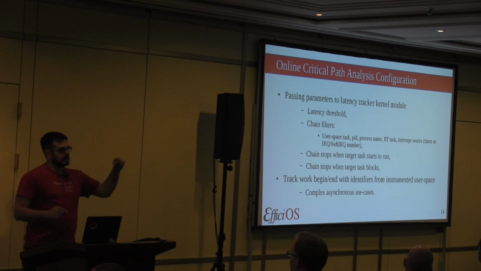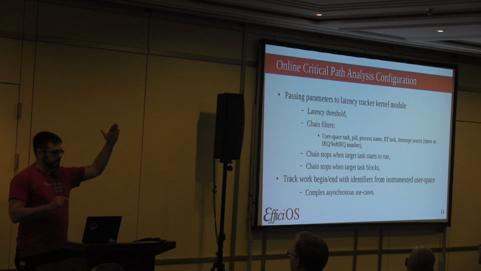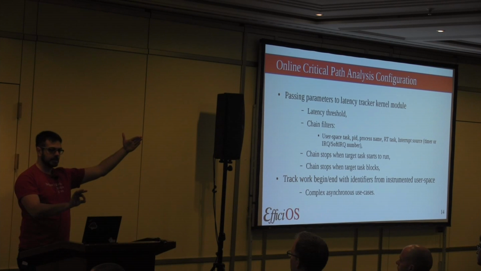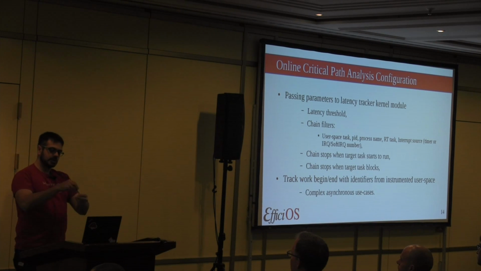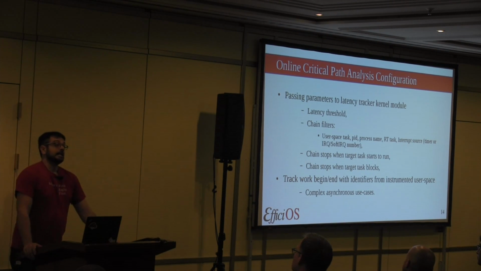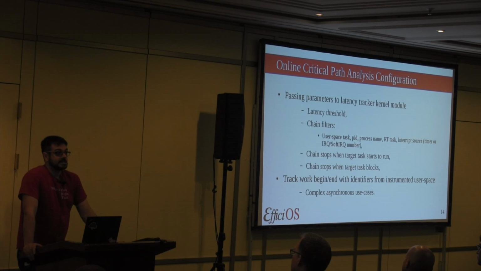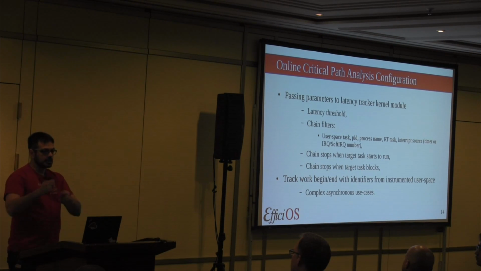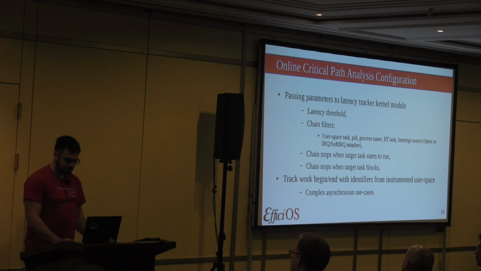So what we can do with it, the latency tracker can track from the IRQ arrival down to user space work begin, and then that work can be done through multiple processes collaborating with each other, and it's only completed when we see that same key as a work end matching. So basically we can track across various processes, even in cases where those processes have a synchronization point that would be user space only and would not involve a wake up.